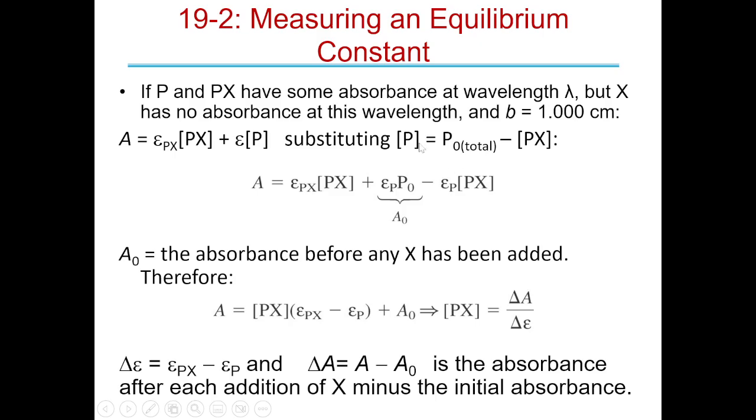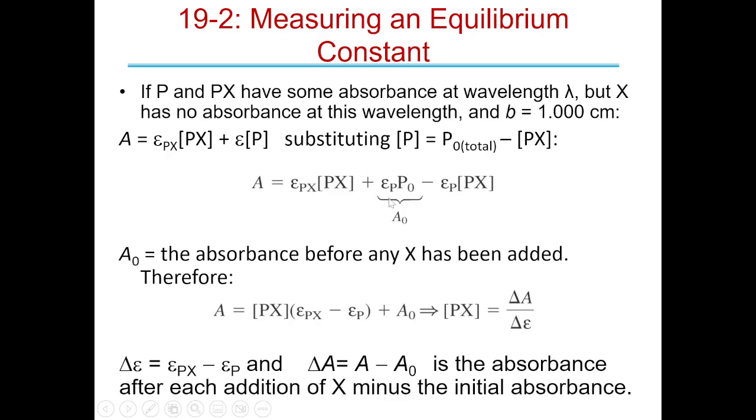Notice now we only have one concentration that we need to solve for, don't we? We can measure this. This is measured. These are values we can get from doing the standards and a Beer's law, right? So again, A0, which is this term right here, that's the absorbance before any X has been added.